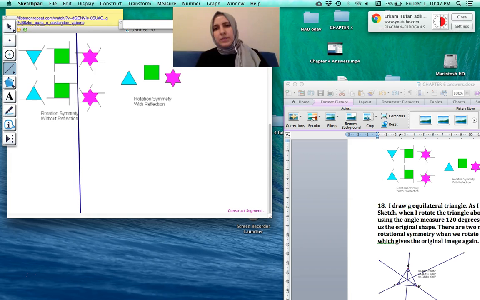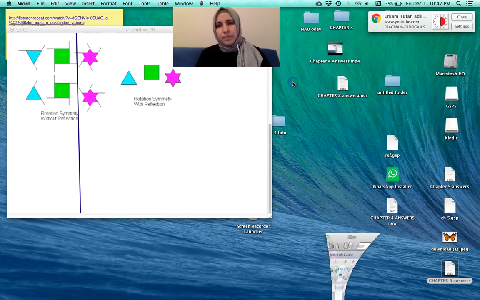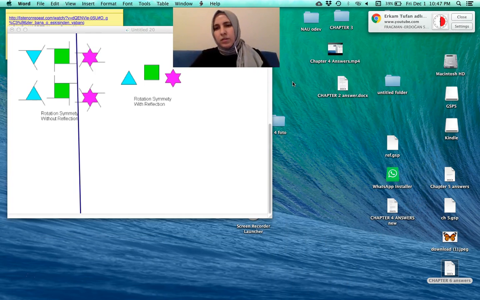Question 18. Use the regular polygon custom tool to construct an equilateral triangle. Place a point D in the sketch that will be used as a center of rotation. Rotate the triangle about point D using an angle measure that you think will result in an imaged triangle that will coincide with the original triangle.